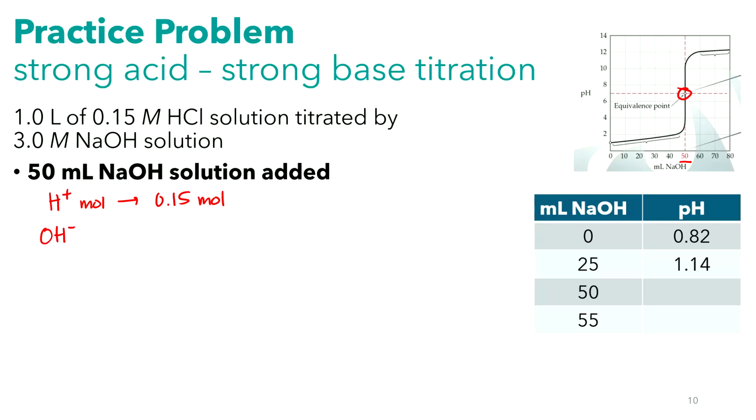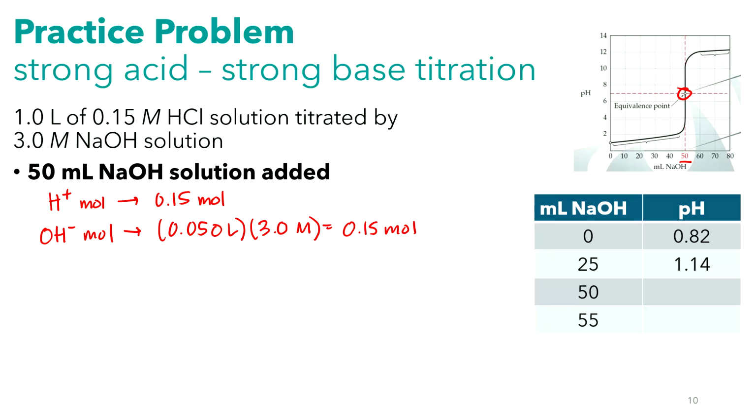But now for my OH minus, I'm adding in 50 instead of 25. So I'm adding in the exact same number of moles of OH minus. In other words, every single H plus in solution has now been neutralized by an OH minus.